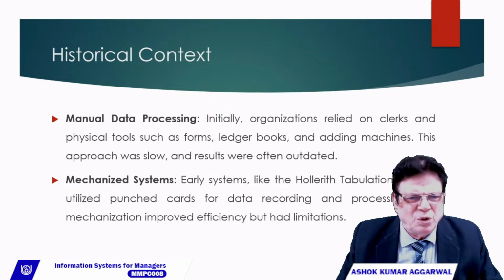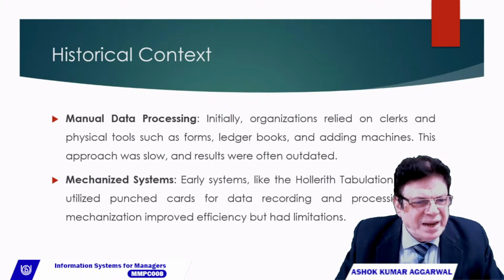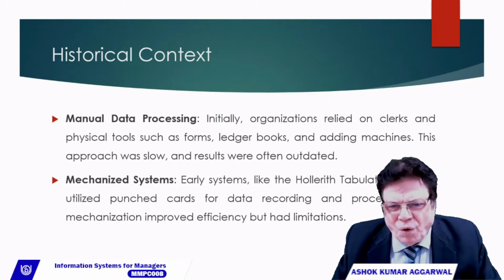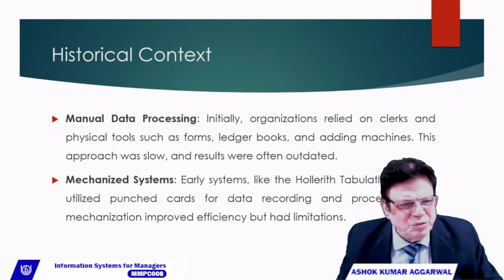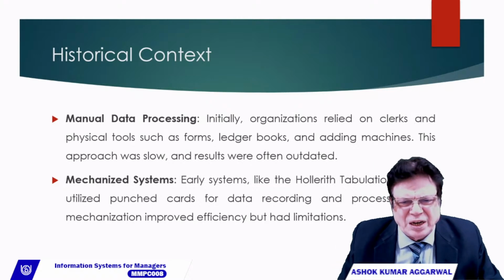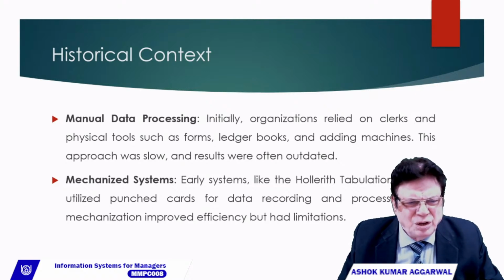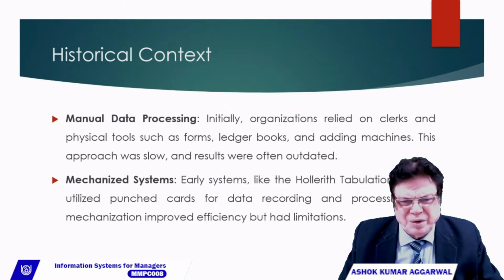This approach was slow and results were often not updated. Mechanized systems: early systems like the Hollerith tabulation system utilized punched cards for data recording and processing. This mechanization improved efficiency but had limitations.